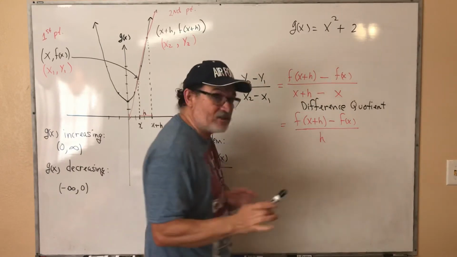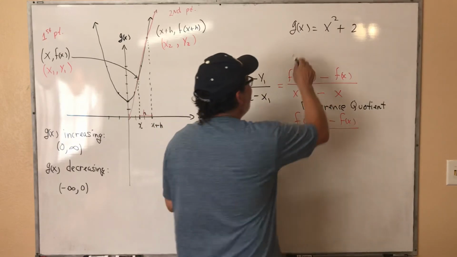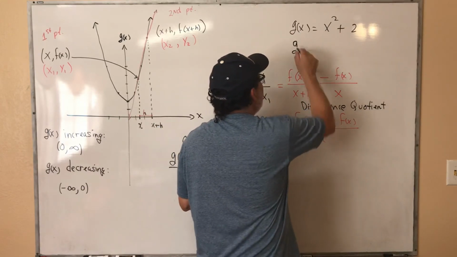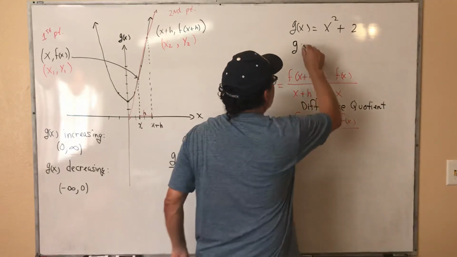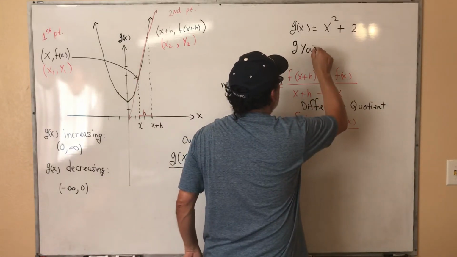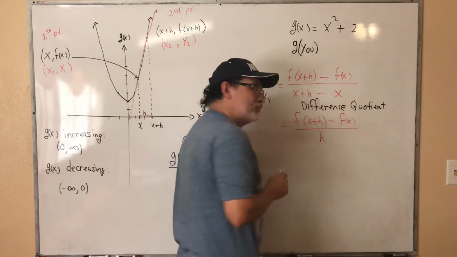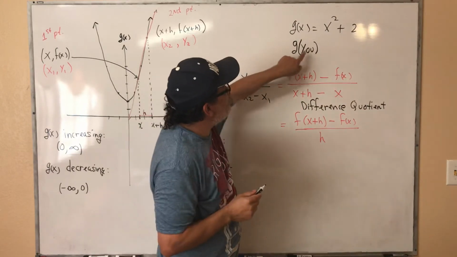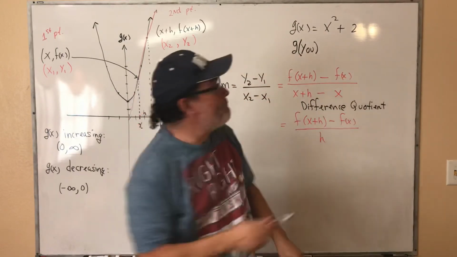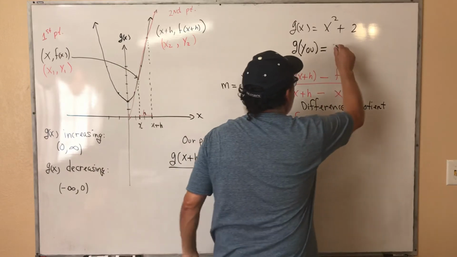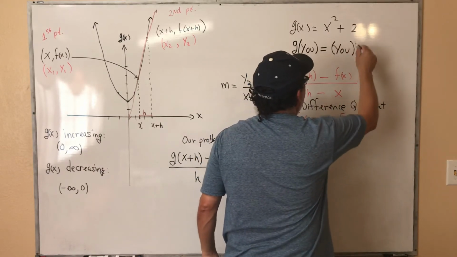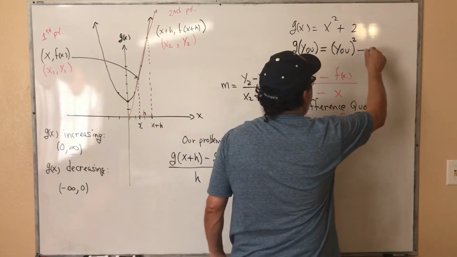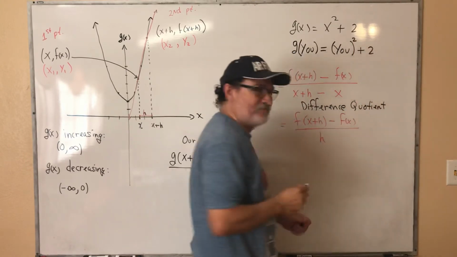Okay? Watch this. What will G do to you? G would take you and square you and add 2.